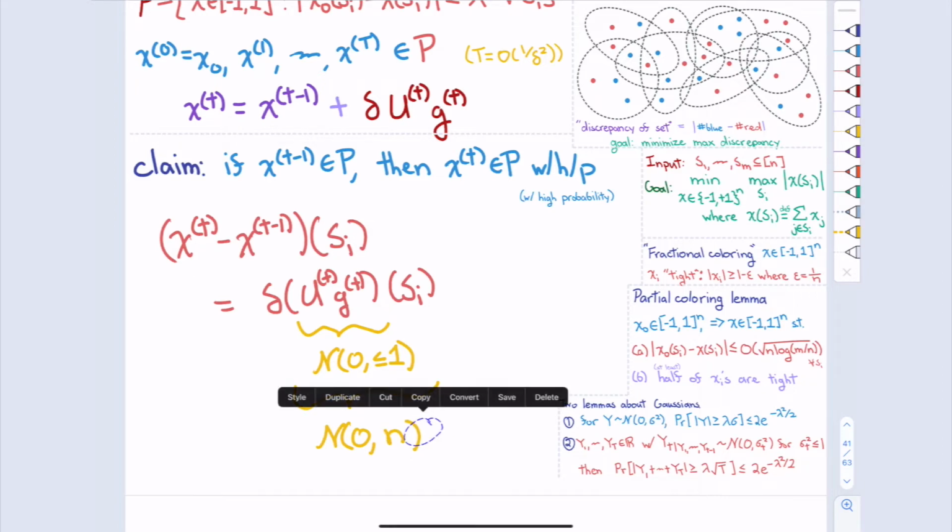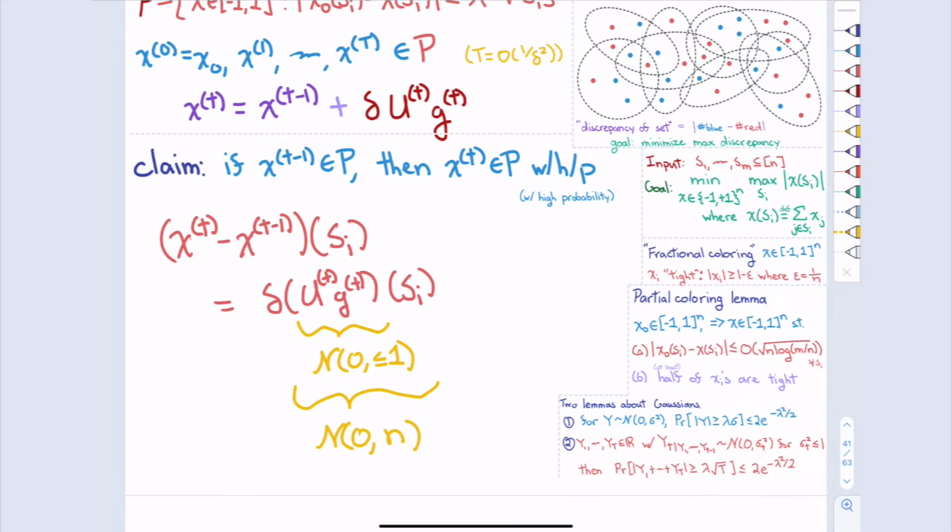So what am I saying? I'm saying that the change in discrepancy of one of these sets is also like a Gaussian, because it's really multiplying a Gaussian against the indicator variable of that set, which is just summing up the Gaussians. So this part looks like a Gaussian with variance at most n, and now we'll just make delta so small that overall it looks like a Gaussian with variance at most epsilon over n.